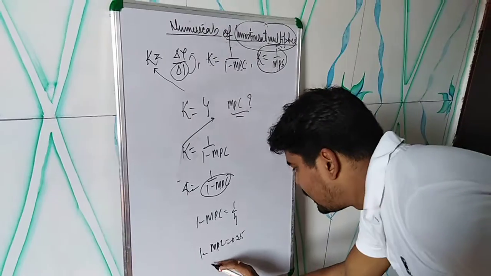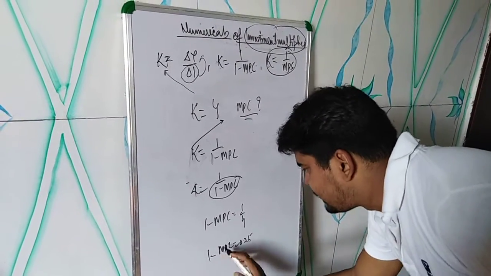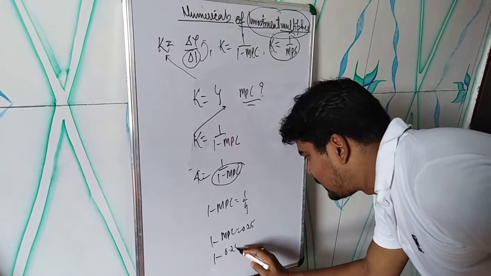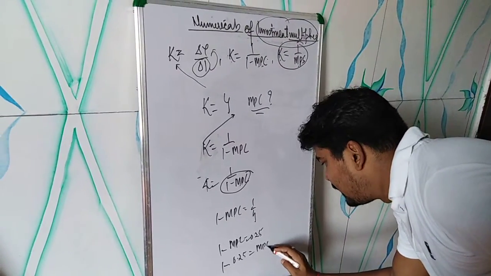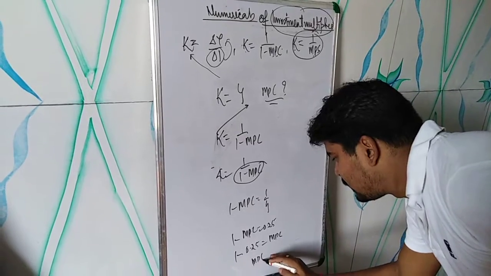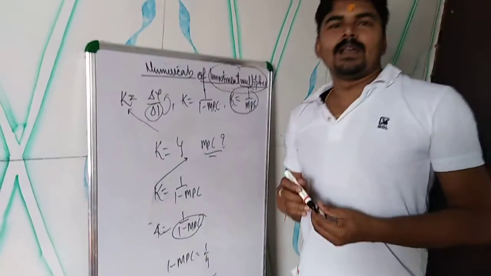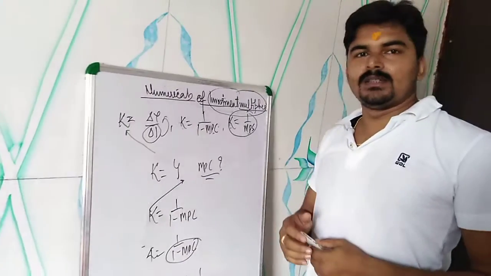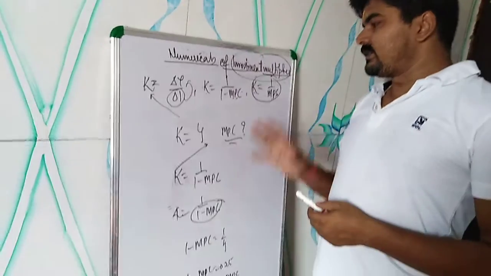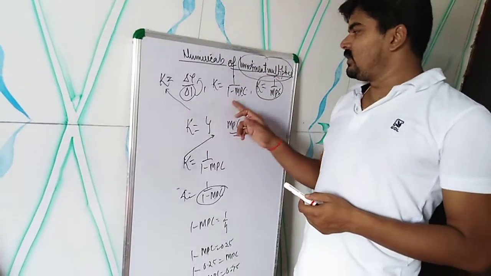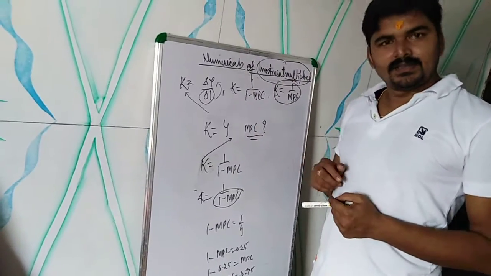Again, this value will come to this side and MPC will go to that side, and we get that the value of MPC is 0.75. So in this way, we can easily solve the questions regarding the investment multiplier using all these three methods. Thank you.